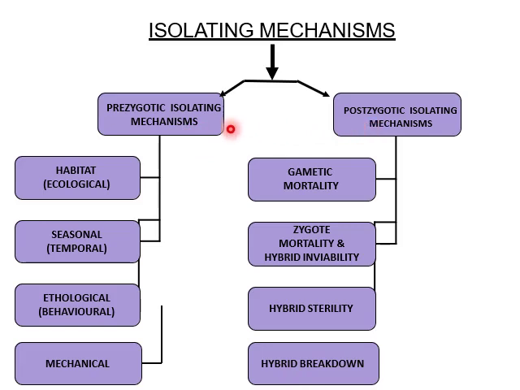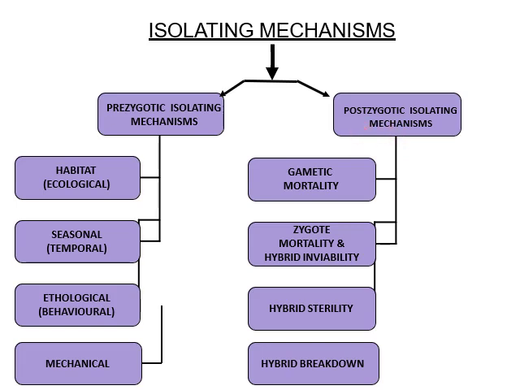First of all, we will discuss prezygotic isolation. Prezygotic isolation means to stop their breeding or to stop the formation of a zygote. If we talk about postzygotic isolation, in this type, different species may breed with each other and form a zygote.